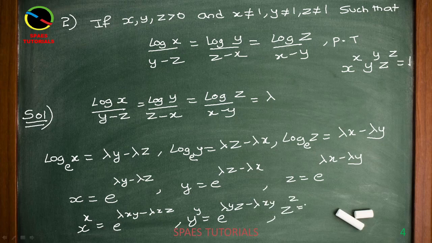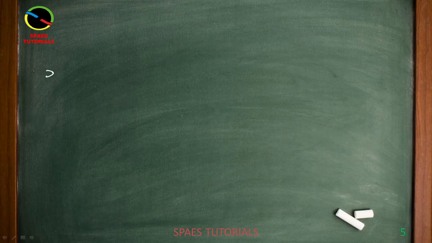Similarly, z power z is going to become e power lambda xz minus lambda yz. Now we need to multiply all these terms: x power x into y power y into z power z.